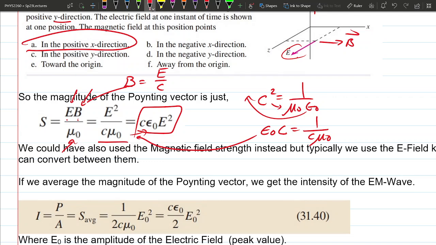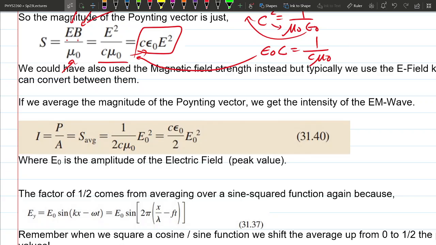It's just c times the electric constant times the electric field squared, okay? One thing to also note about electromagnetic waves is that this Poynting vector is proportional to the electric field squared, or it could be proportional to the magnetic field squared. But usually we calculate with the electric field because it's a lot easier to measure electric fields compared to magnetic fields, okay?